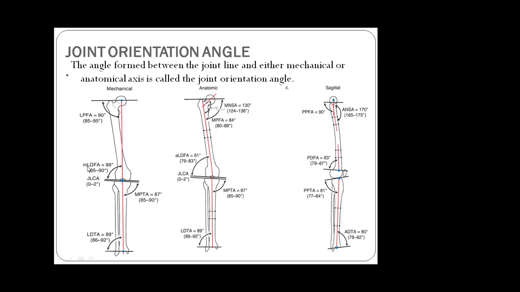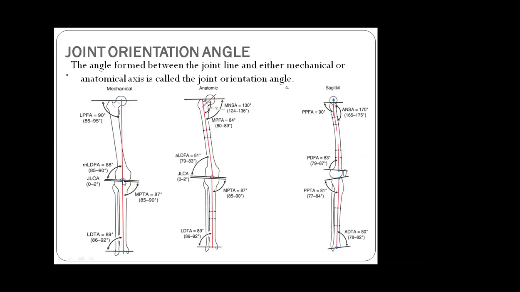But the lateral distal femoral angle with respect to the mechanical axis of the lower limb is 88 degrees. So the medial distal femoral angle as per the mechanical axis would be 180 minus 88. That comes out to be 92. So we can get one value and we can get the other value. We have to remember only one value of each joint.